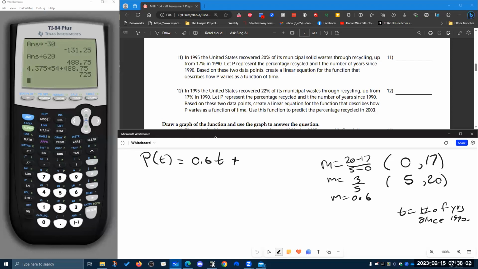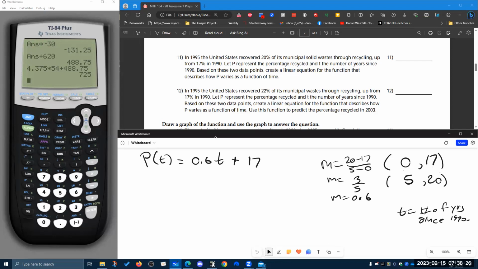Yep, plus B. In 1995, it was... 1990, it was 17%. There we go. I had to come back and look at my y-intercept here. When t was equal to 0, it was 17. So now we've got our function. And that was that question.